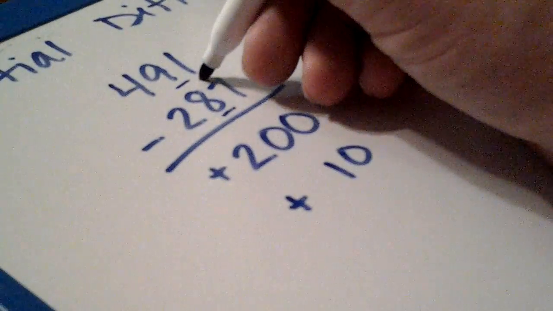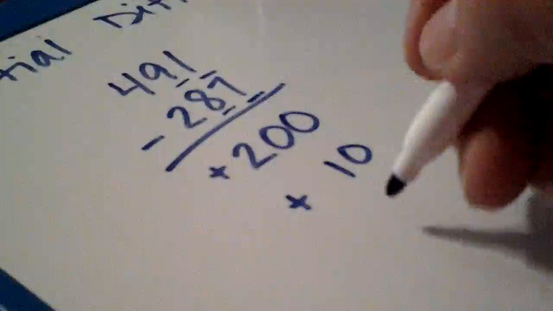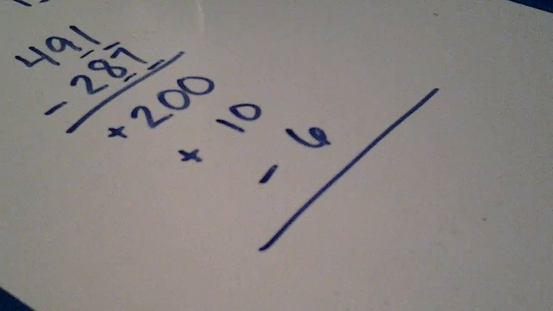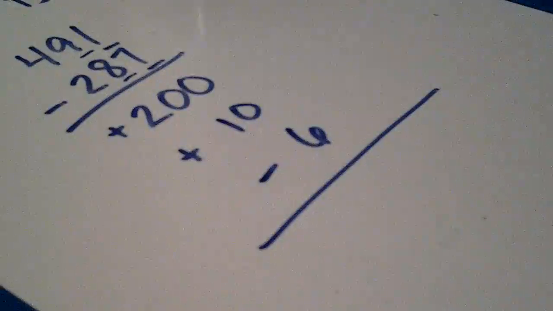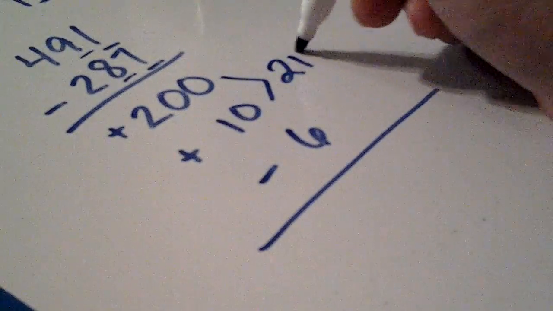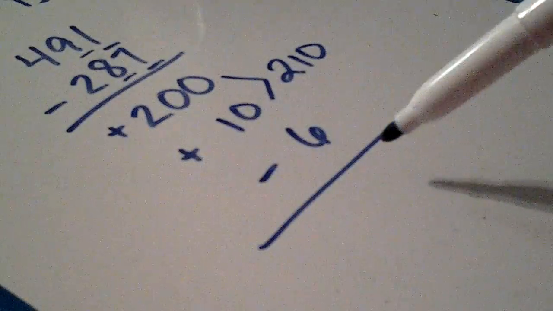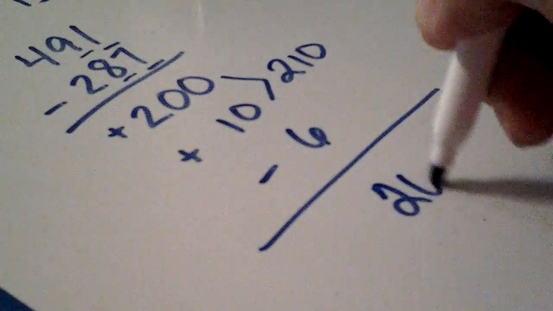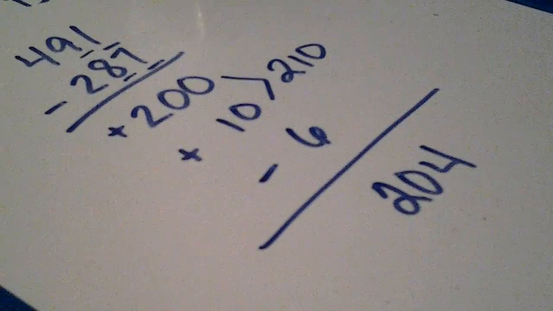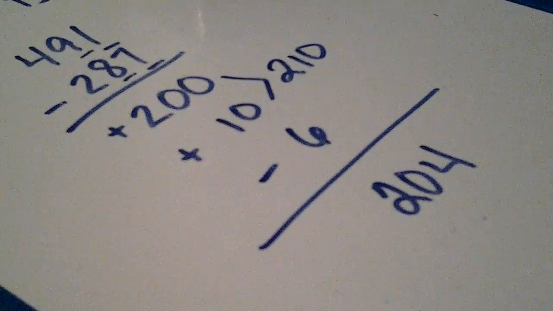And then 1 unit minus 7 units is a minus 6. If I work through that problem with the different operations, I have 200 plus 10 is 210. Minus 6 is 204. So 491 minus 287 equals 204.